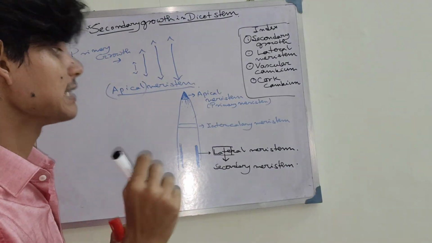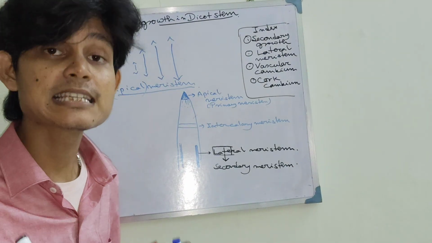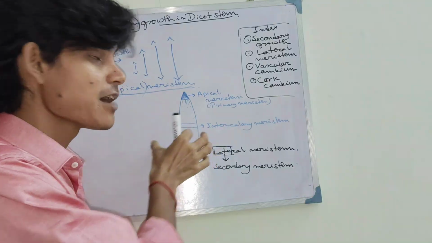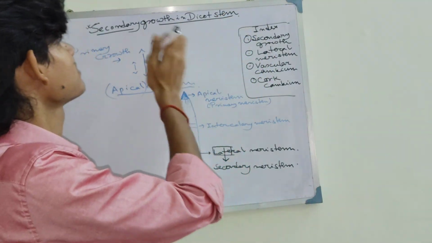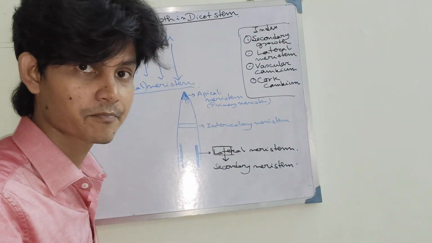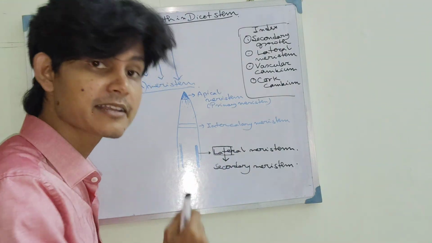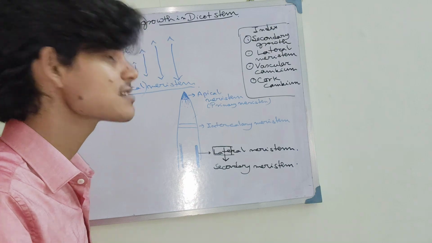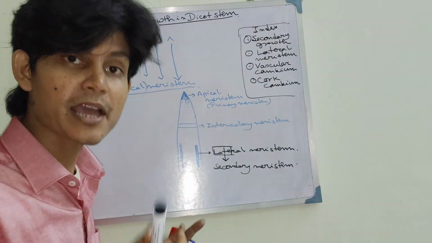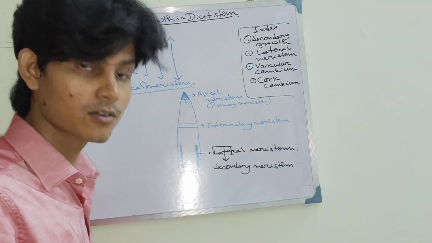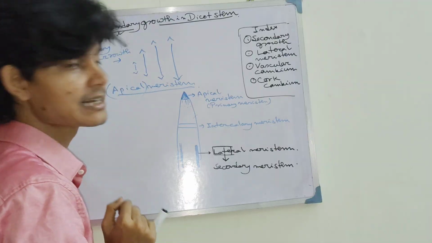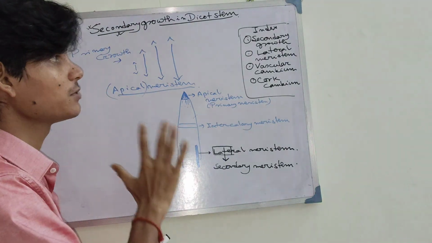So that meristematic tissue which is responsible for the increase of diameter of the plant stem, or the secondary growth, is called lateral meristem, and it is a type of secondary meristem as it appears later than the primary meristem or primary plant body in a plant's life. It will produce secondary tissue. Okay, so up to that it is clear.